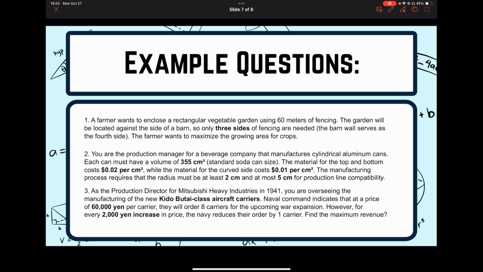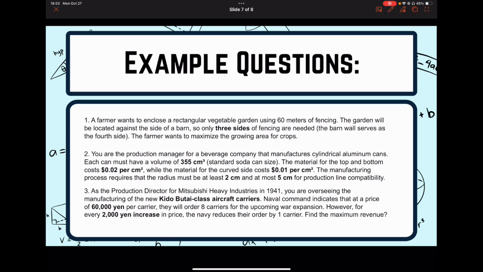Question 3 asks: as the production director for Mitsubishi Heavy Industries in 1941, you're overseeing the manufacturing of the new Kirobudai class aircraft carriers. Naval Command indicates that at the price of 60,000 yen per carrier, they will order 8 carriers for the upcoming war expansion.